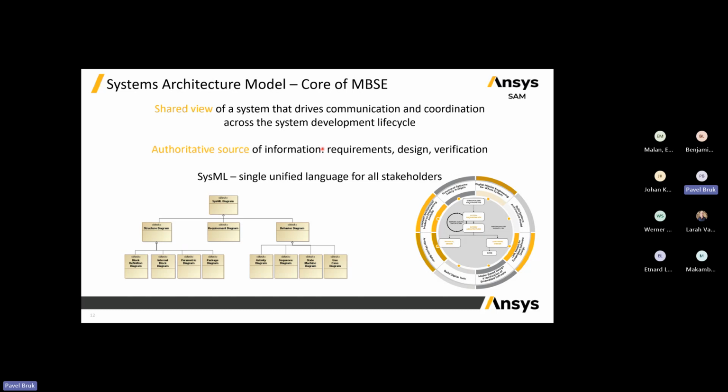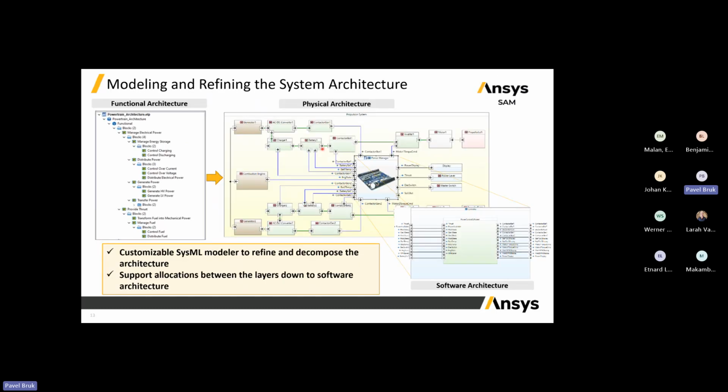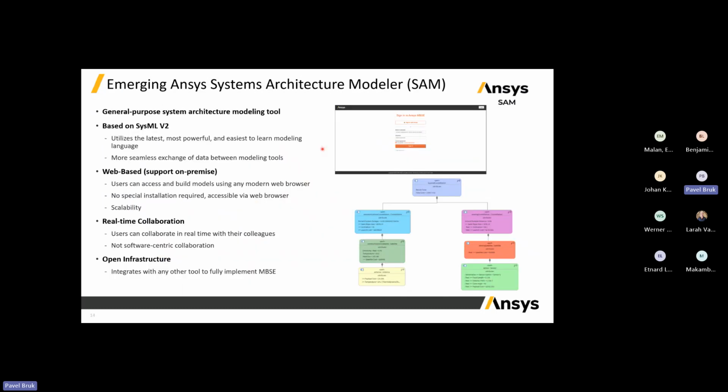For that, we have a product called Ansys SAM, System Architecture Modeler. SAM is able to model and refine different kinds of architecture. It can be functional architecture, physical architecture, software architecture, using a single language. In our case, that's SysML. And it basically serves as a general purpose system architecture modeling tool.